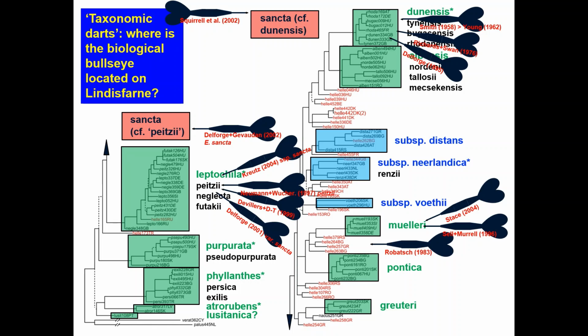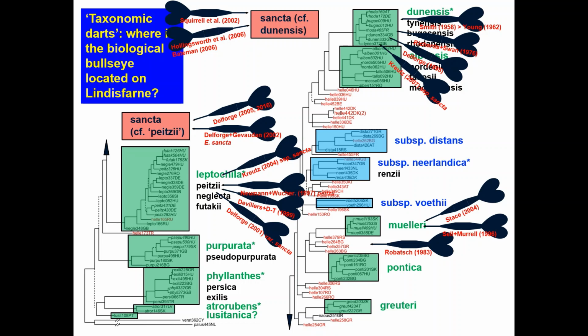Stace, in I think the second edition of his Flora of the British Isles, stuck with muelleri. Then Delforge in his third and fourth editions continued to treat sancta as a full species. Hollingsworth et al. and my good self in 2006 stuck with the genetic evidence and said, no, it really does look as though sancta is a full species closely related to helleborine.